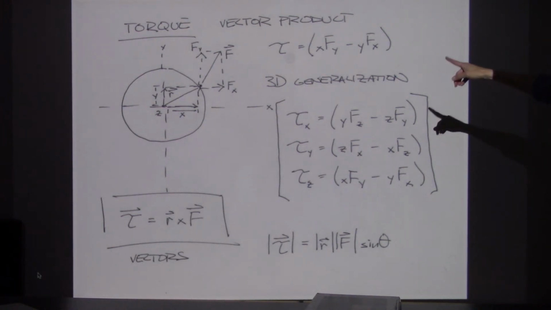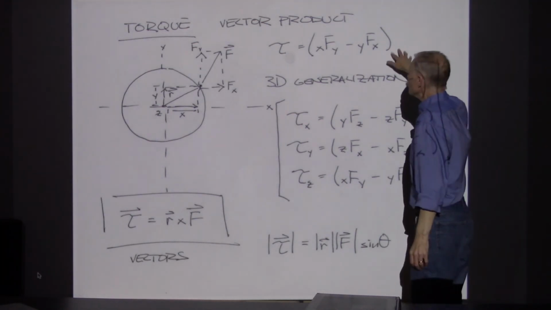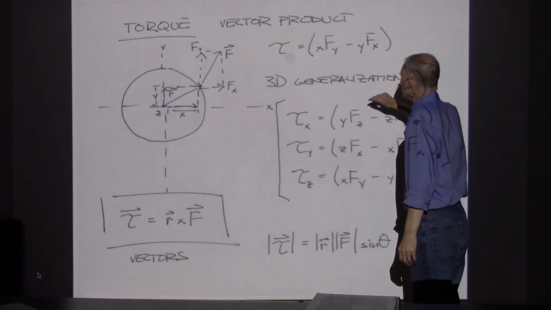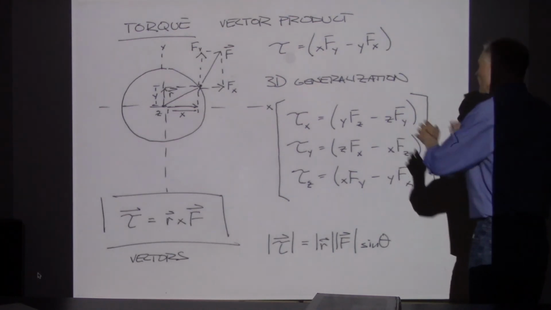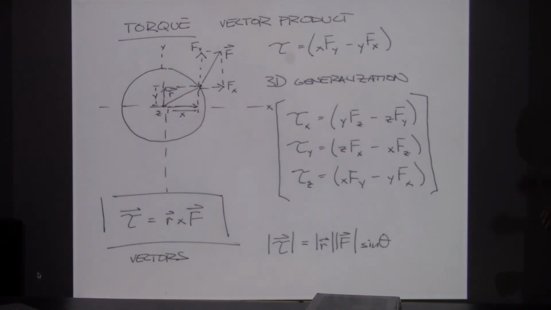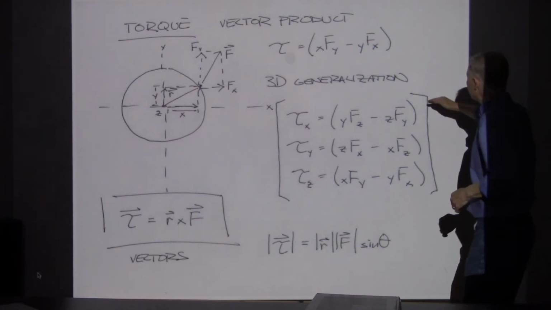And so x is perpendicular to fy, and y is perpendicular to fx. So if we generalize this statement into three directions, that's what it looks like. Those three equations, calculating the torque in the x direction, in the y, and the z, would follow this pattern of components.